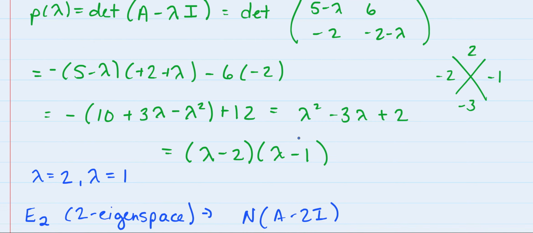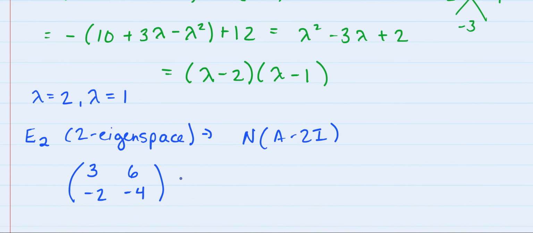Okay. We want to put this matrix into reduced row echelon form. I am going to divide the top row by 3. If I do that, I get a 1 and a 2. And notice that this row is just -2 times this one.